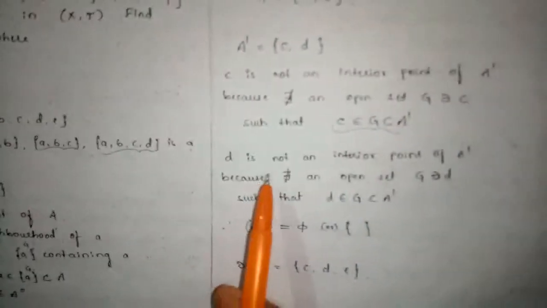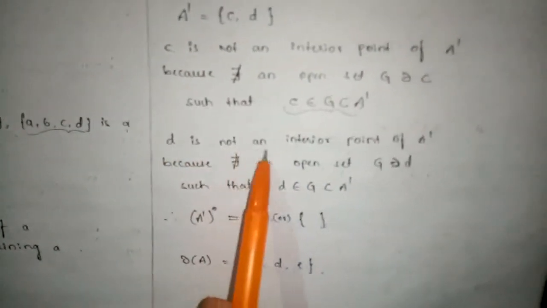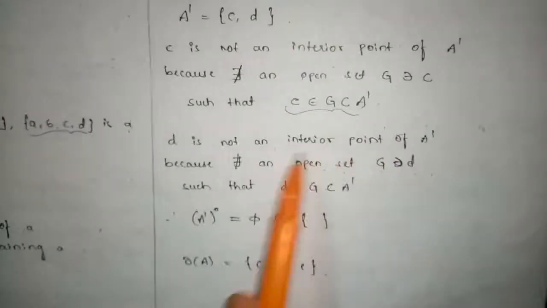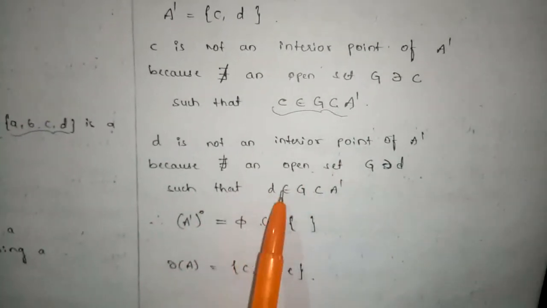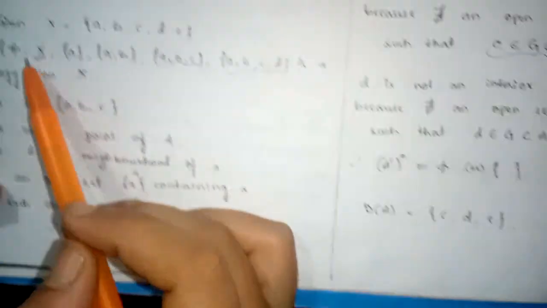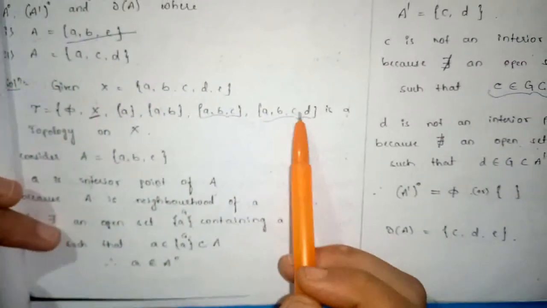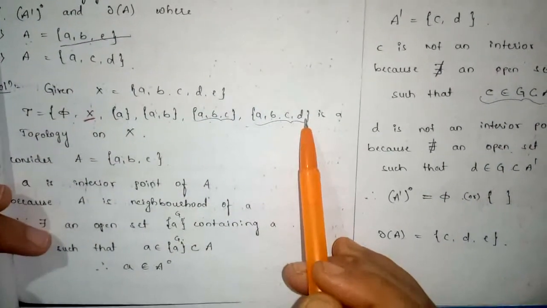Similarly, you check whether d is an interior point or not. Here observe that d is also not an interior point of A complement because there does not exist an open set G such that d belongs to G and G is a subset of A complement. Here observe that there are open sets containing d. X is an open set containing d, and {a,b,c,d} is an open set containing d.